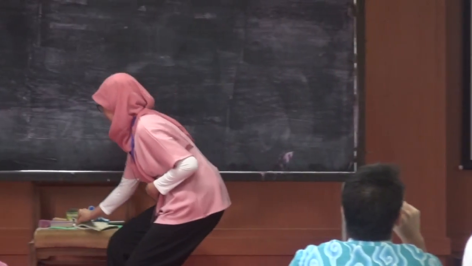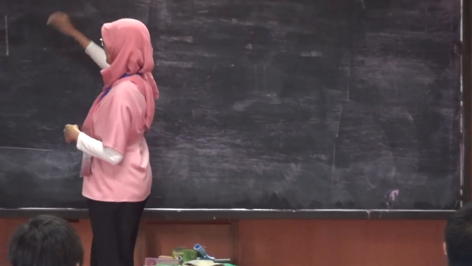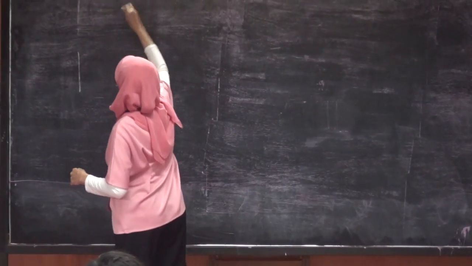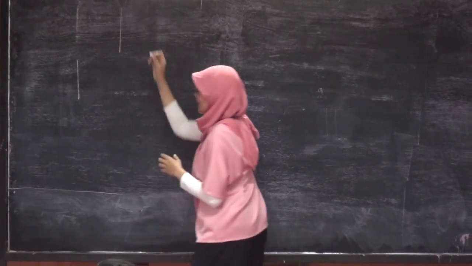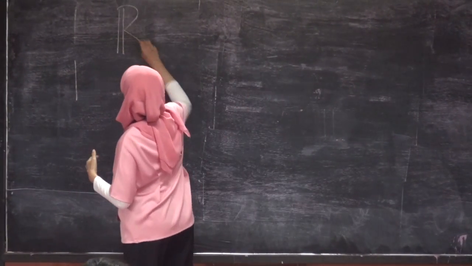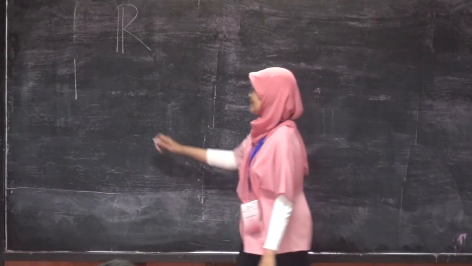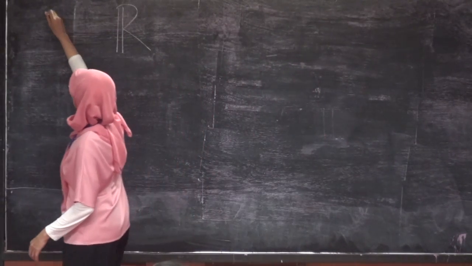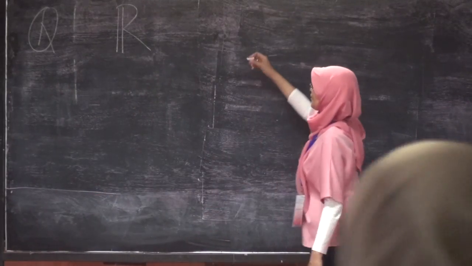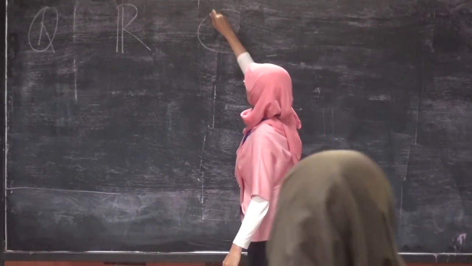For example, I will try to use this blackboard. We know some fields in the number system. We have R as the real field, and we know that it contains Q, the rational field, and also C, the complex field.